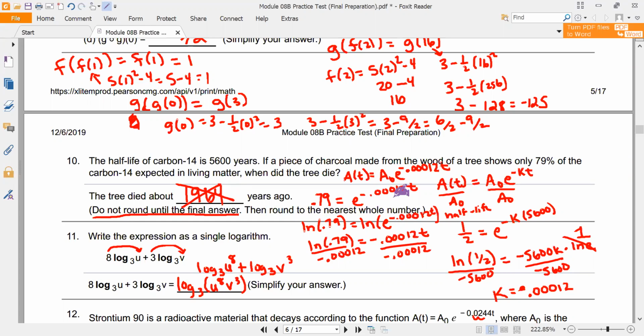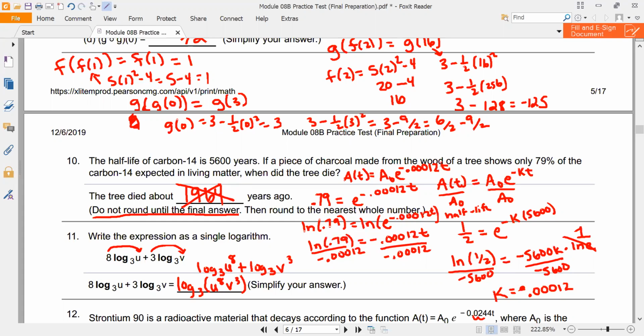If they'd let me round my K, I would have plugged this in and then had the natural log of both sides, and then I end up dividing at the end. So essentially, whatever we get for our answer, we want to divide natural log of 0.79 by that answer.